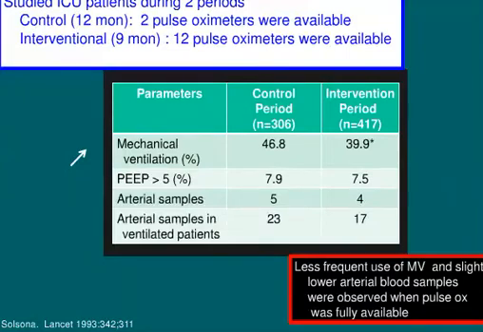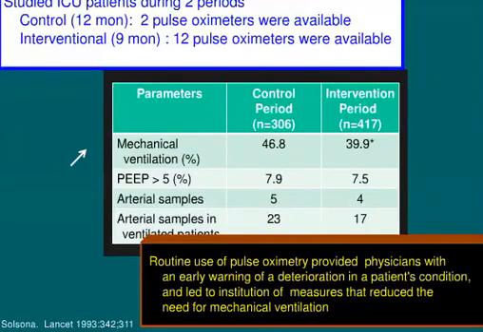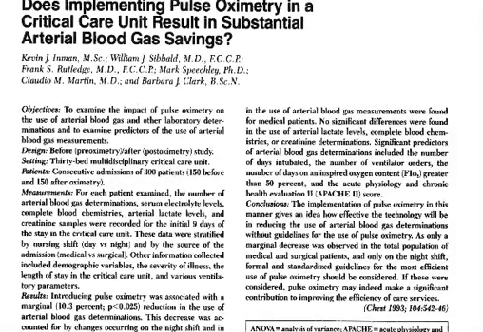Now, this is very intriguing data, and if it does substantiate, what it's suggesting is that the routine use of pulse oximetry provided physicians with an early warning of a deterioration in the patient's condition, and led to the institution of measures that reduced the need for mechanical ventilation. And this is a study from Bill Sibbald's group, again, looking at the cost-effectiveness of pulse oximetry.